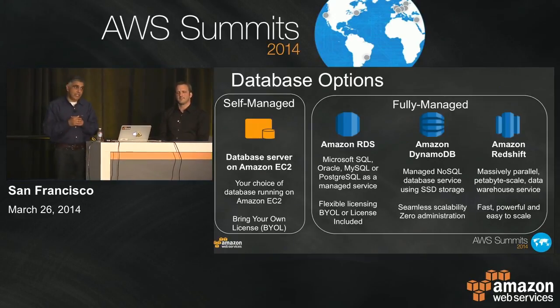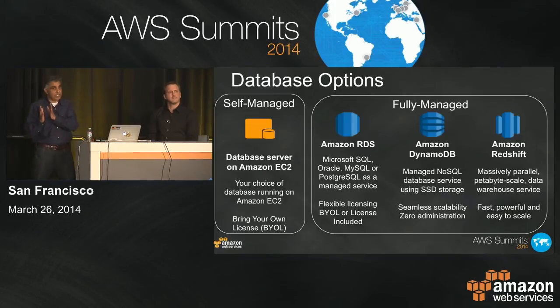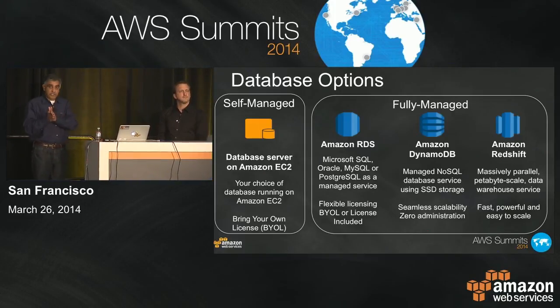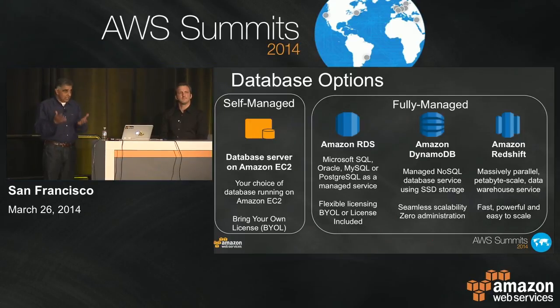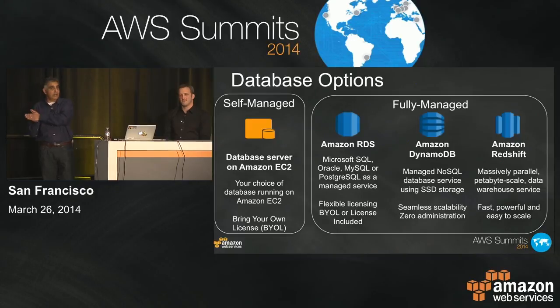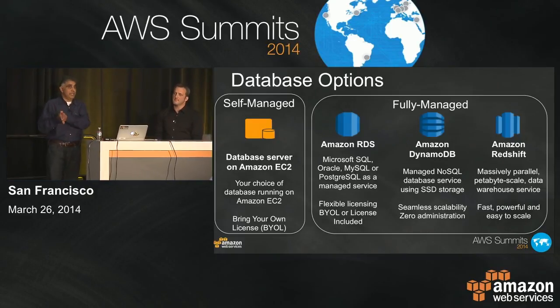On the left-hand side, you will see self-managed, which is a bucket that a lot of folks choose, people who are familiar and well-versed in a particular technology. They may want to run a database on an EC2 instance, perfectly fine, a doable thing, right? And you can even bring your own license in many cases from your enterprise or on-premise agreement that you may have with Microsoft or Oracle or whoever.